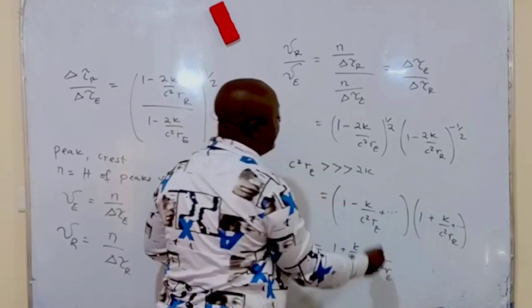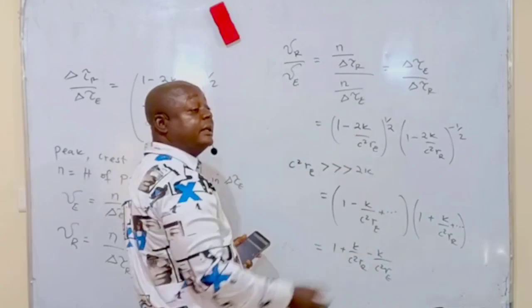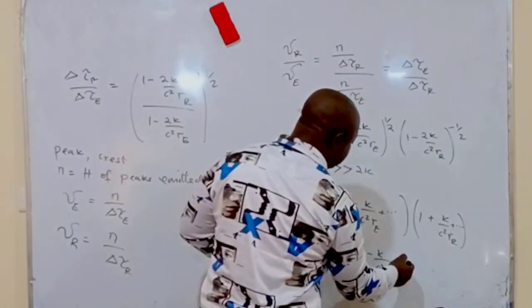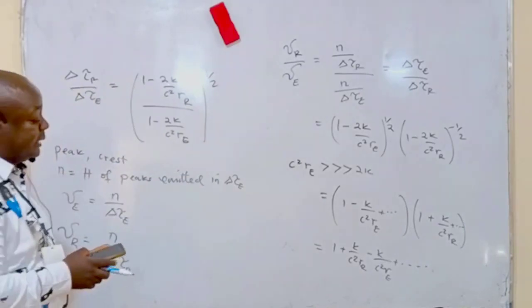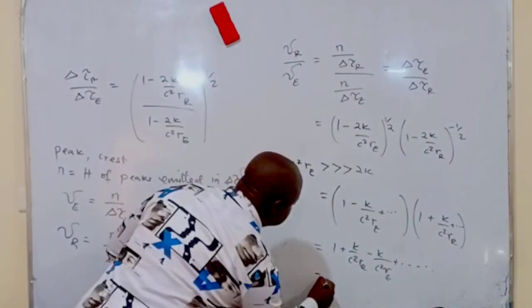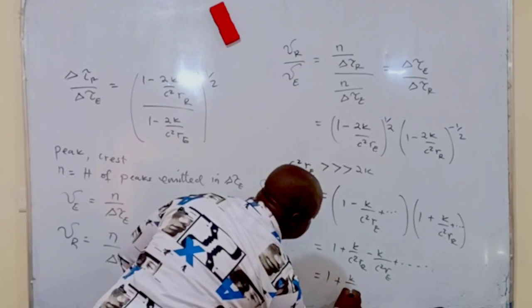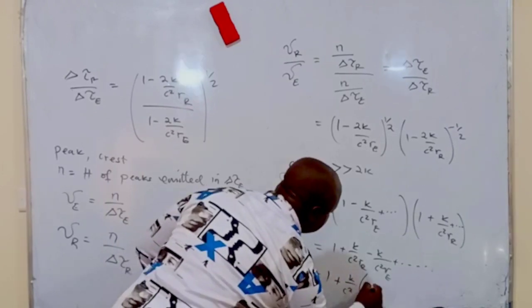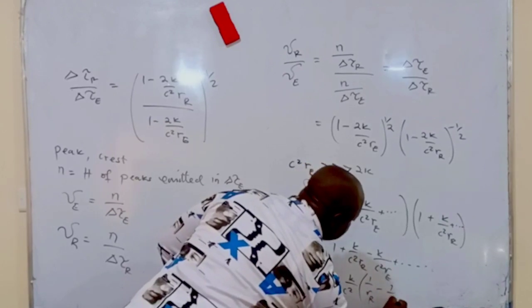If we multiply this, we can neglect that term. So this is going to give us 1 plus, we can factorize out the k over c squared. You have 1 over r_r minus 1 over r_e.